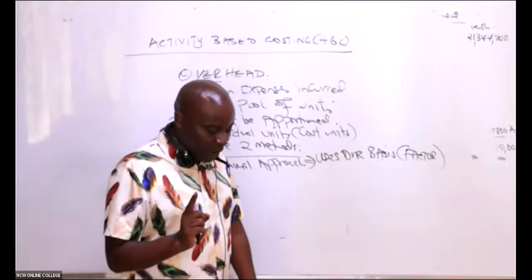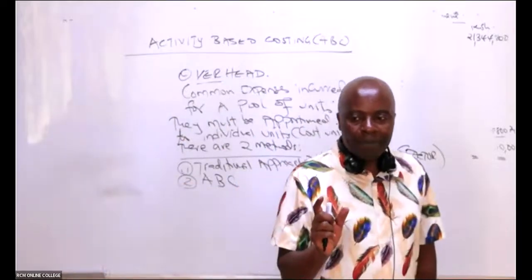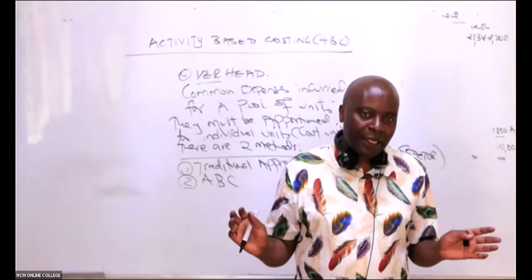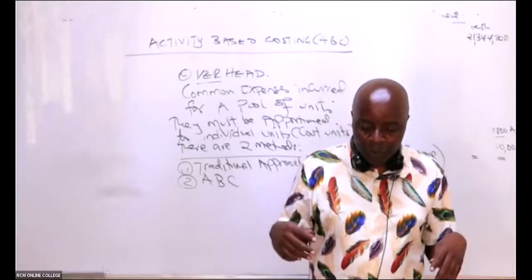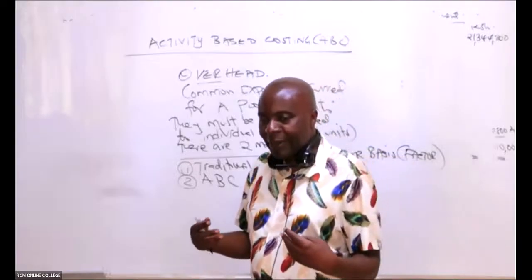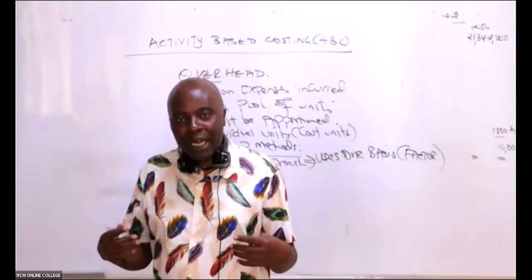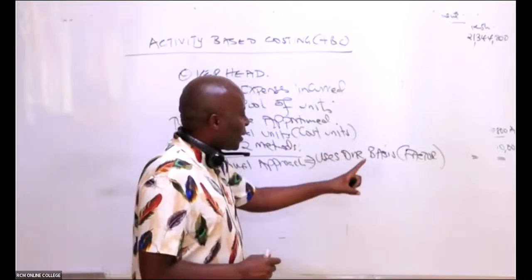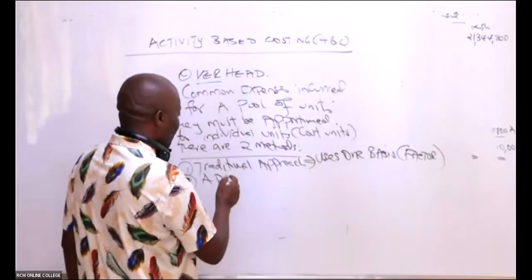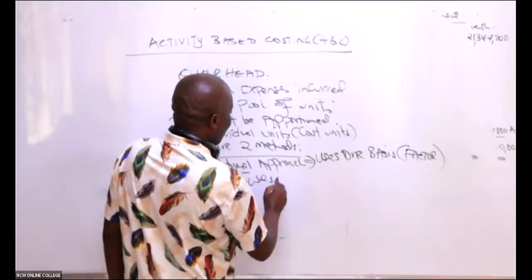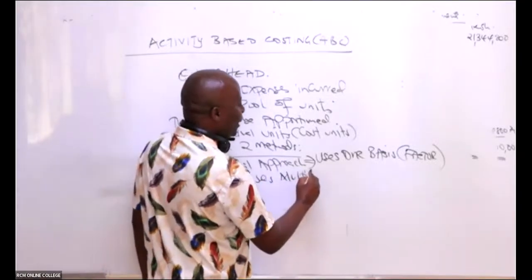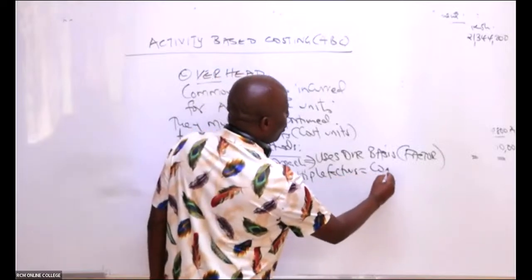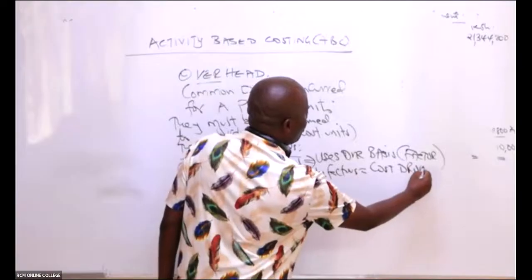So it assumes that the entire overhead item is being affected by labor hours, which is a lie. We could be having some overhead items which don't even relate with the labor hours totally. So this one here uses one factor, whereas ABC uses multiple factors, what we call cost drivers.